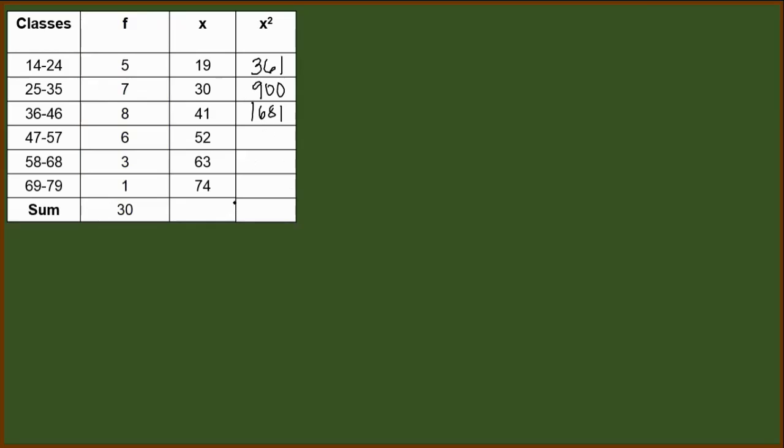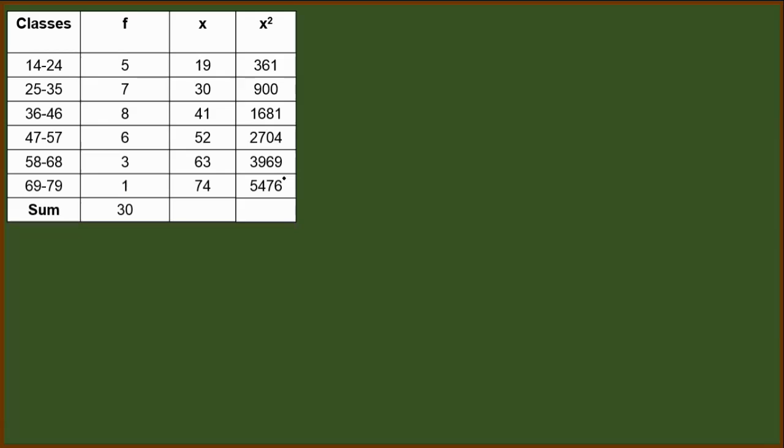Next, we have 52 squared, that is 2704. 63 squared, we have 3969. And then we have 74 squared, that is 5476. Next, let me just write it more legibly.